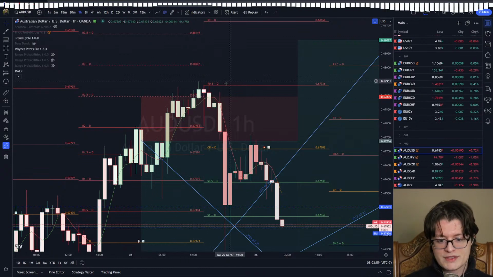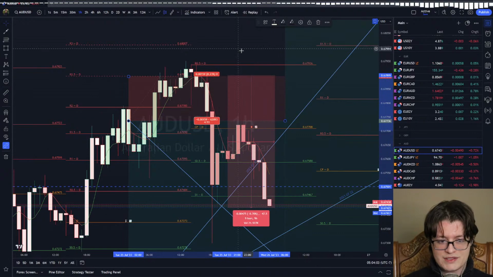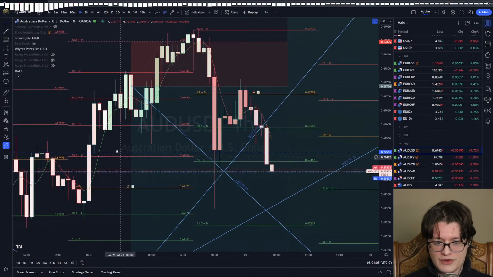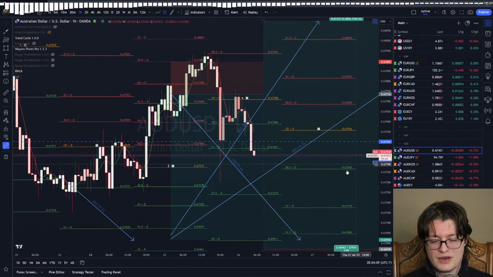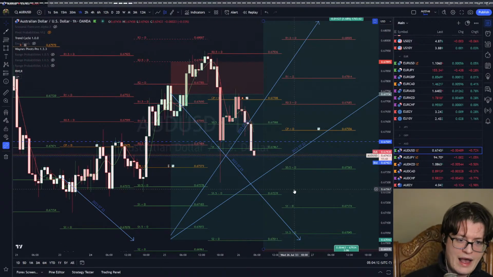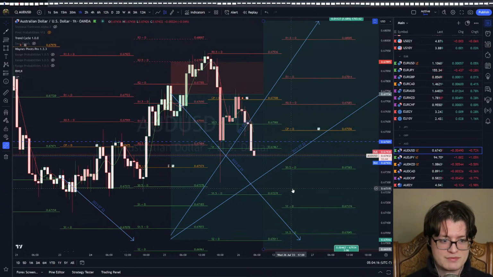So while this upsets me, am I going to cry over 50 pips? No, not really. There's plenty of days that move 50 pips. There's plenty of days that move 100 pips.